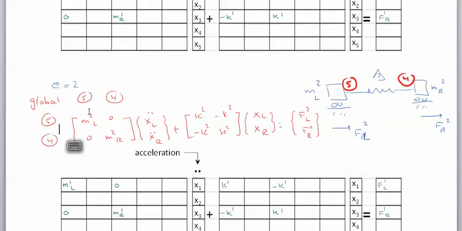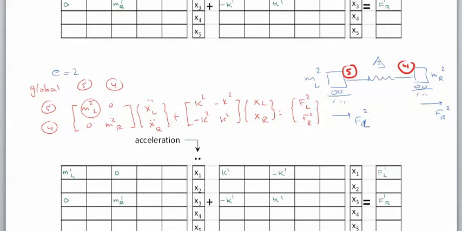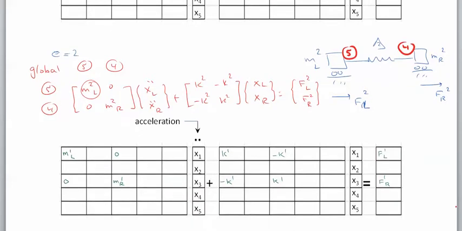So that number goes into row 5, column 5, which means I have to scroll down a little bit more here. Row 5, column 5, so it's going to be M2L. This is going to go into row 5, column 4, which is here. That's going to go to row 4, column 5, which is there. And this is row 4, column 4.